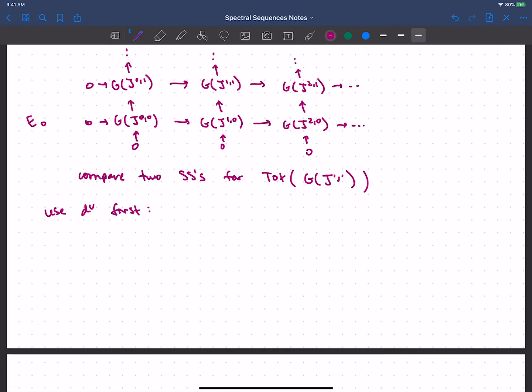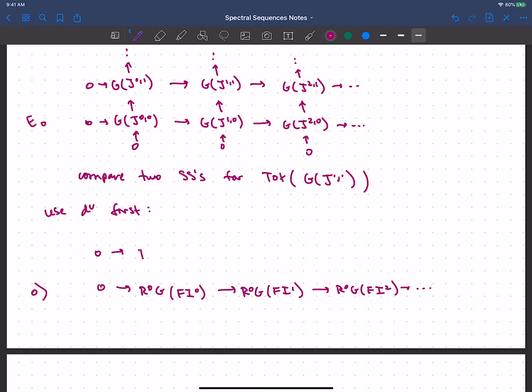Let me see if I can write it down. So at the bottom here, we've got the zeroth right-derived functor of G applied to F of I0, and then the zeroth right-derived functor of G applied to F of I1, the zeroth right-derived functor of G applied to F of I2, and so on. Okay, so this is like my 0 line. And then right above that, notice I'm still drawing these horizontal arrows because we were using the vertical differential, not the horizontal.